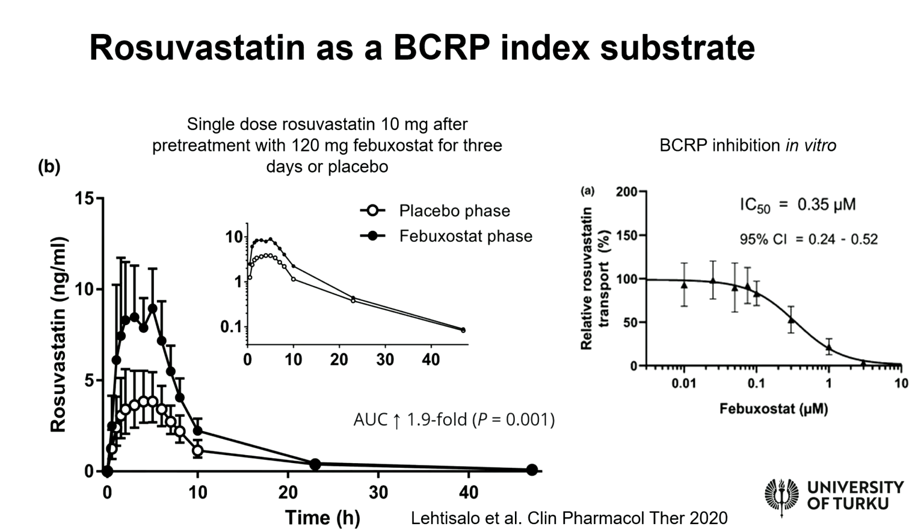So one study that we performed using rosuvastatin as a BCRP index substrate was with febuxostat. We dosed pre-treatment with febuxostat for 3 days or placebo and a single dose of rosuvastatin, and febuxostat was beforehand suspected to be a BCRP inhibitor, and it turned out so.